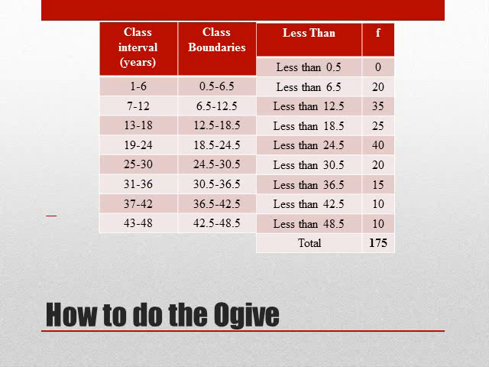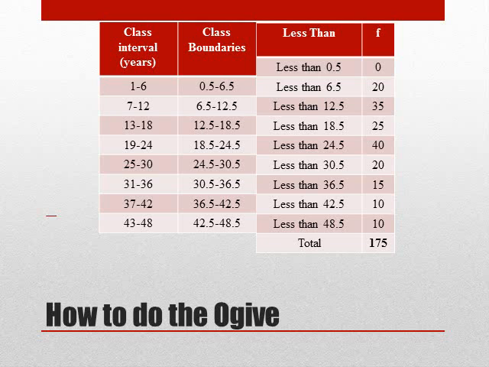Sometimes students are a little bit confused whether to use the lower boundaries or the upper boundaries. Actually that is not an issue if you know how to read the less than table.